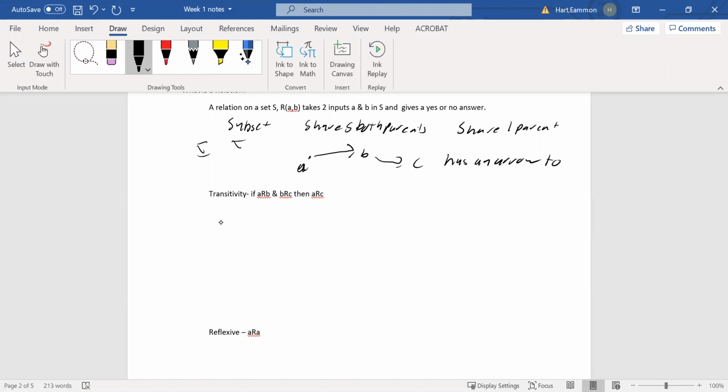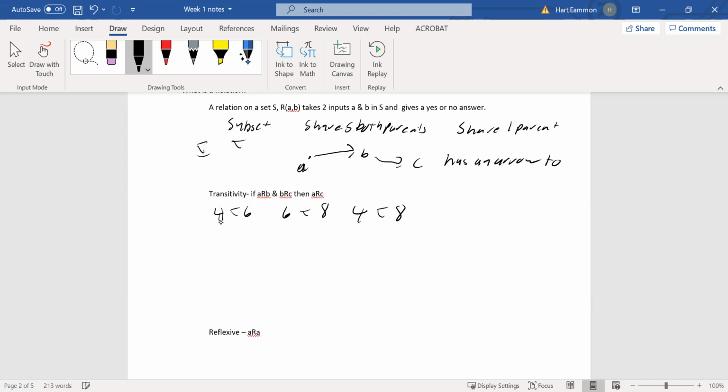The transitive property is, if A relates to B, and B relates to C, then A also relates to C. To give an example, strictly less than is transitive. If 4 is less than 6 and 6 is less than 8, then 4 is less than 8.